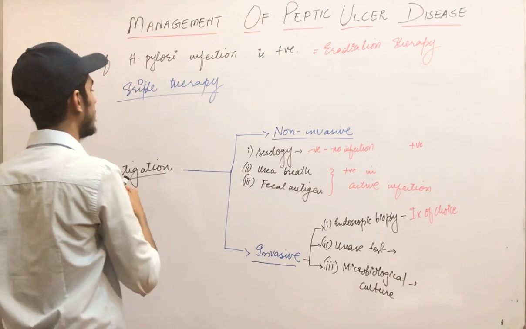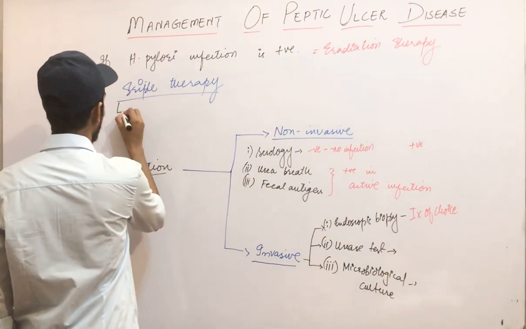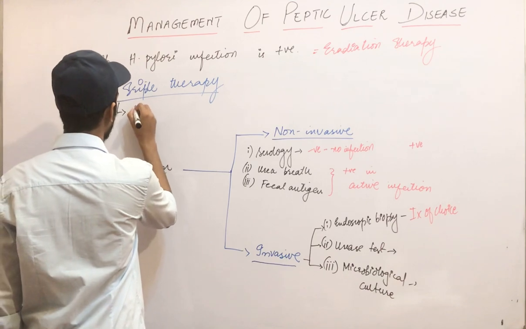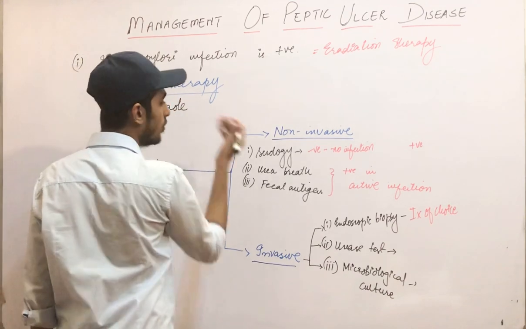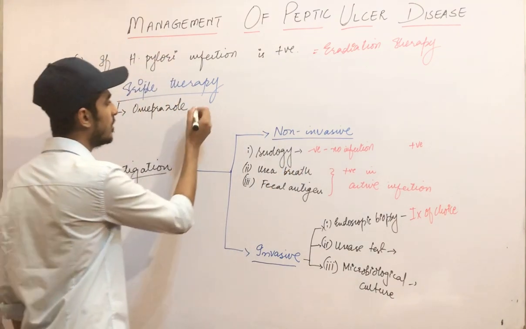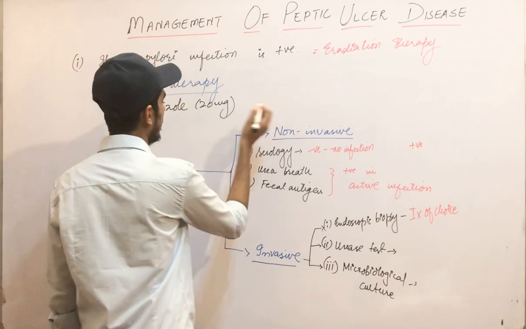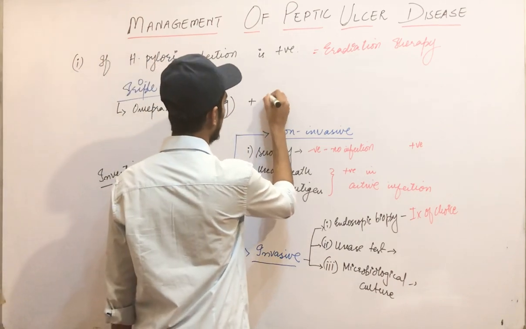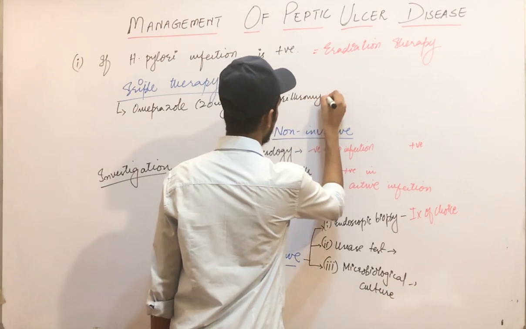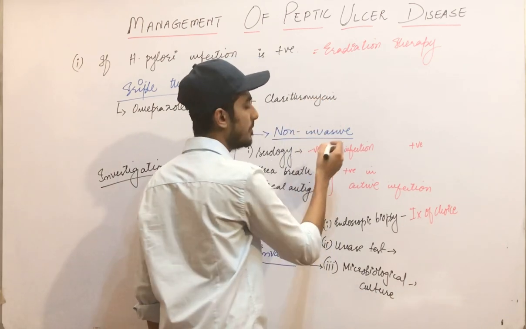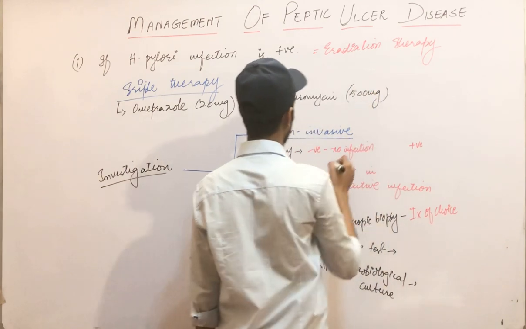Now what is this triple therapy? Which drugs are we going to give? First we have omeprazole, a very common drug. It is a PPI, 20 milligram. Along with this you give clarithromycin, an antibiotic, 500 milligram.